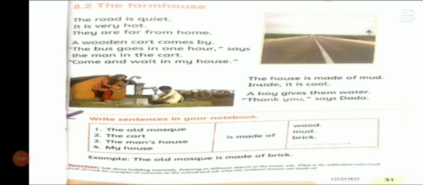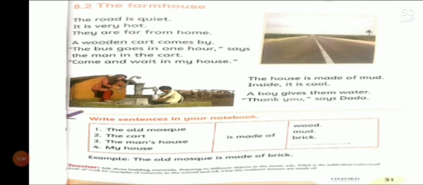In old times plastic was not invented, and most things were made of mud, wood, bricks or clay. But now the modern building material is plastic. And in plastic there is lots of variety. Some plastic is hard, some is flexible, some is soft. So we see that the cart was made of wood.